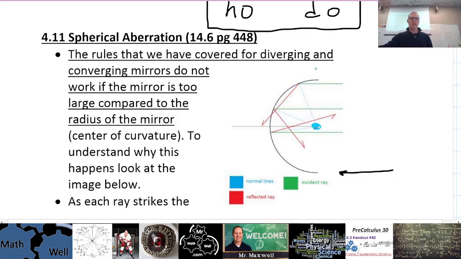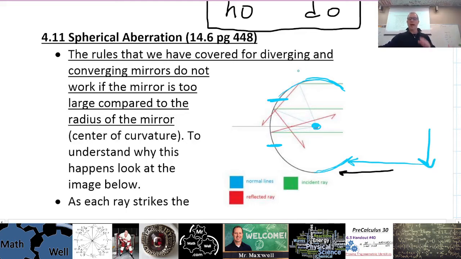So if we consider mirrors that are not too big and that only curve slightly, then we're good. But if this mirror curves around like this, notice how, if it was a complete circle or a large part of a circle, it would actually curve back on itself. So obviously if we have some kind of image down here, that's not going to work, right? It's not even going to get to the mirror. So we have problems if the mirror is too circular, too big.